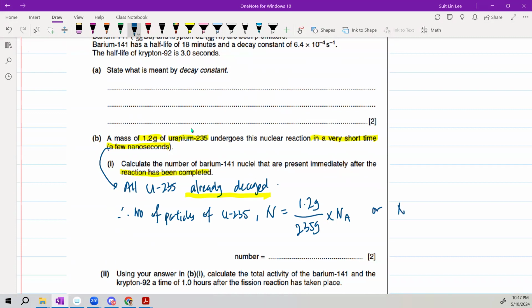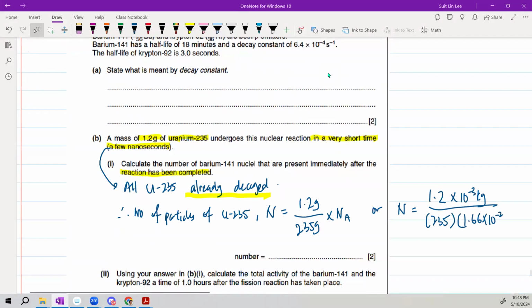Or you can take 1.2 times 10 to the power -3 kg divided by 235 times 1.66 times 10 to the power -27 kg.